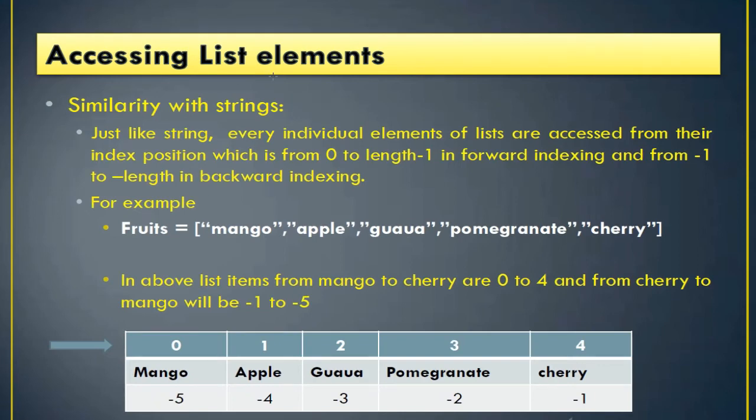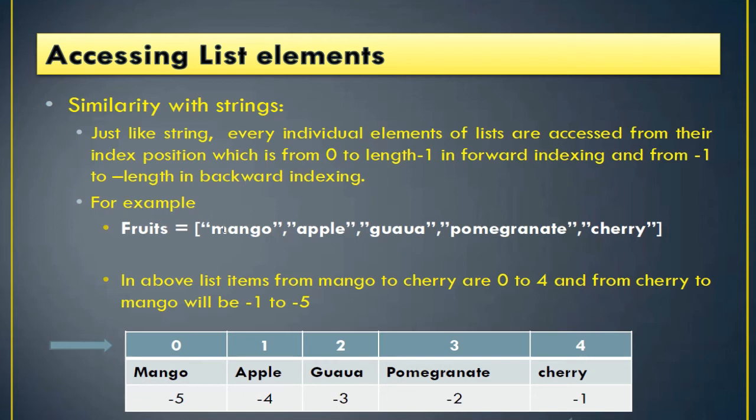Next is accessing list elements. Similar to strings, every individual element of a list is accessed from its index position, which is from 0 to length minus 1 in forward indexing, and from -1 to minus length in backward indexing. For example, fruits equal to mango, apple, guava, pomegranate, cherry.